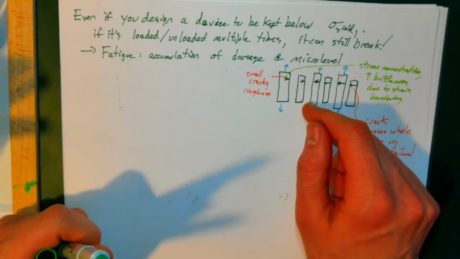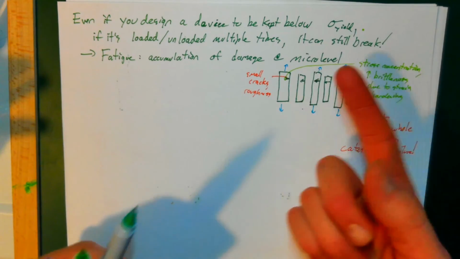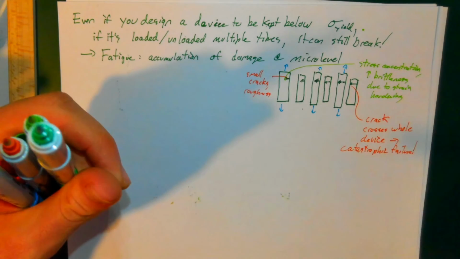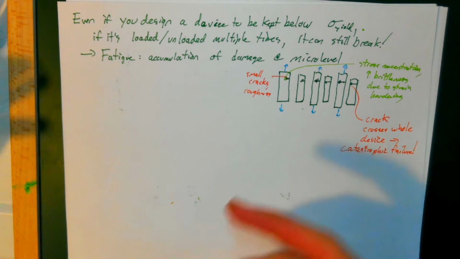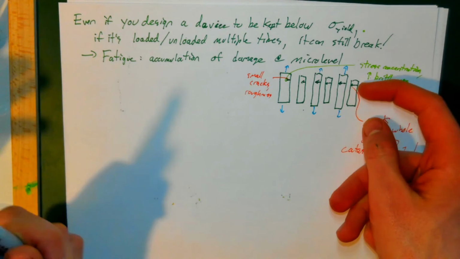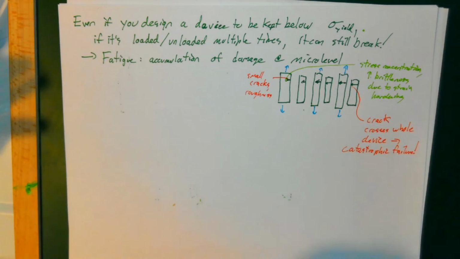The axles in your car experience something like this every time your wheel takes a turn, and every time it does that, you accumulate a small amount of micro damage. And if there were any cracks, those cracks can keep propagating with every little cycle.